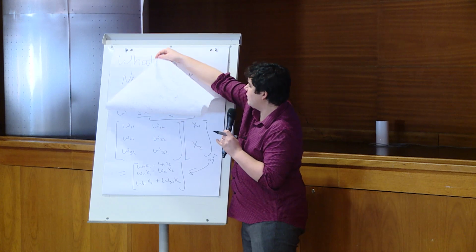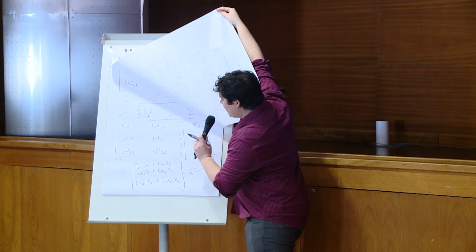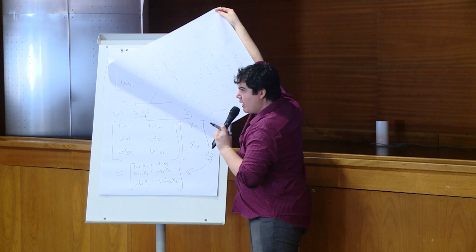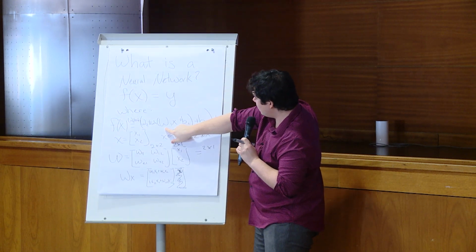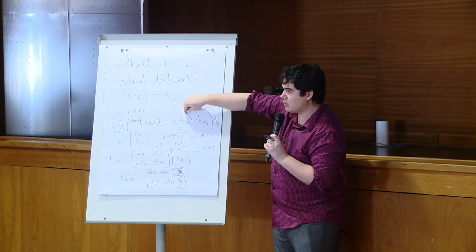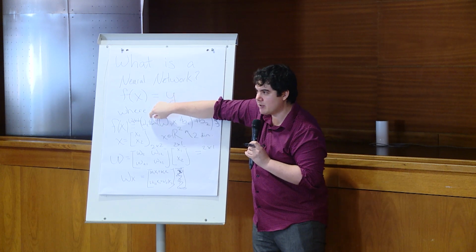I can make there be more rows than columns, say 3 rows. Now this W1 times x is size 3, so this b is size 3, and this tanh is applied to 3 objects.